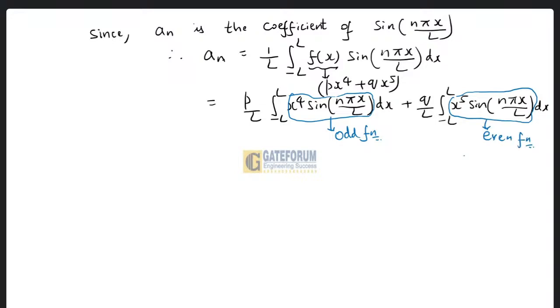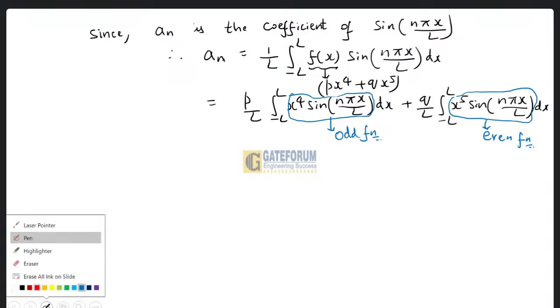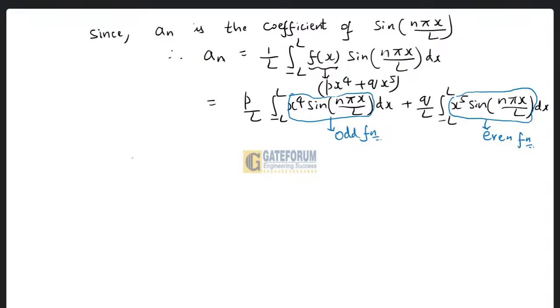So I can write here: the integral from minus a to a of f of x dx is equal to 0 if the integrand is an odd function.